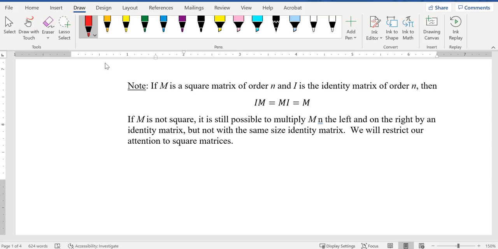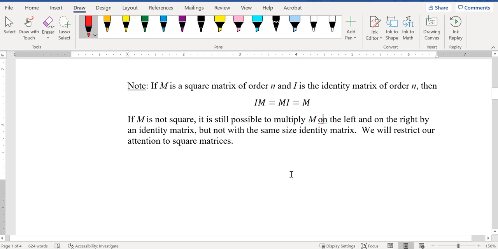We're going to restrict our attention to just square matrices.